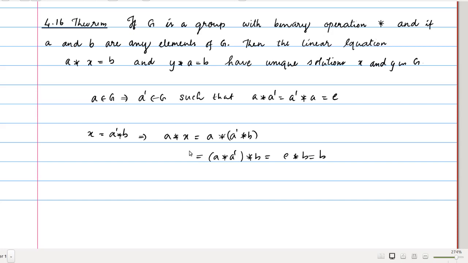Now you can prove that if there exist two solutions, then they must be the same. That means it will not have more than one solution.